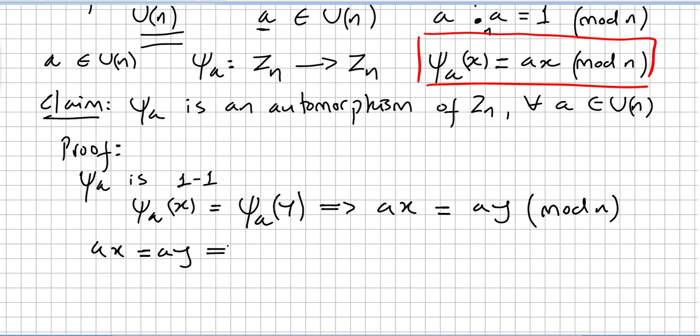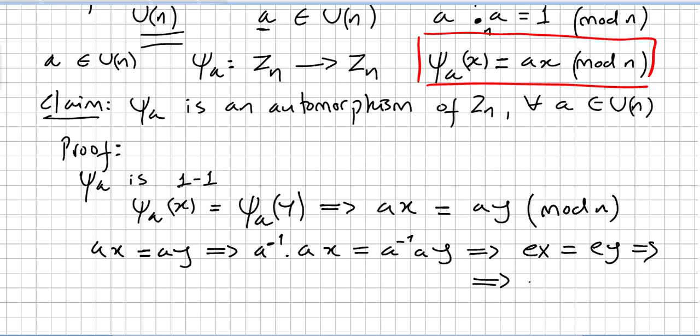Now we'll put the inverse, the left inverse here: a inverse ax equals a inverse ay. This will be the identity x equals identity y, and of course, x equals y.